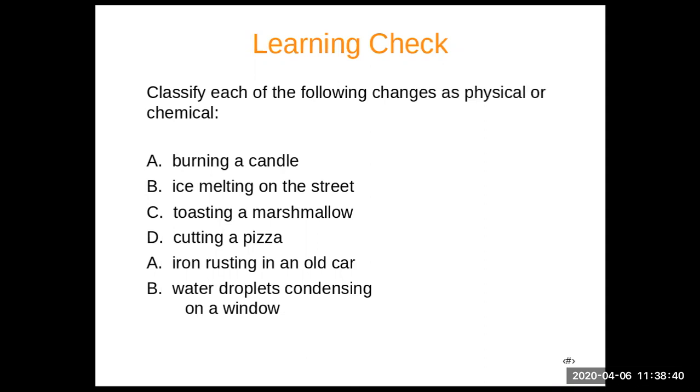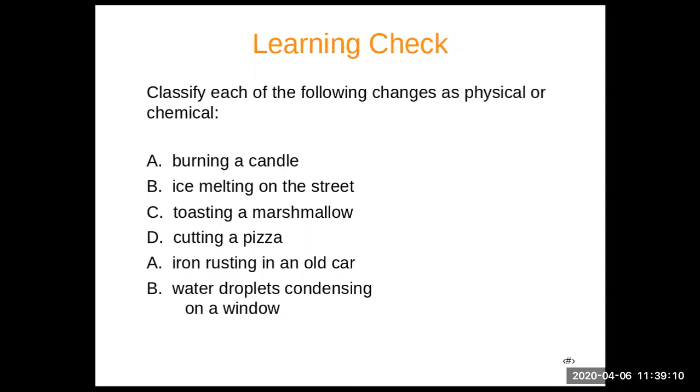Iron rusting in an old car. So an iron nail is a shiny gray metal, right? And when it's rusting, it's not that color anymore, right? When it's rusting, it becomes a brown, flaky or powdery substance, brown orange, right?